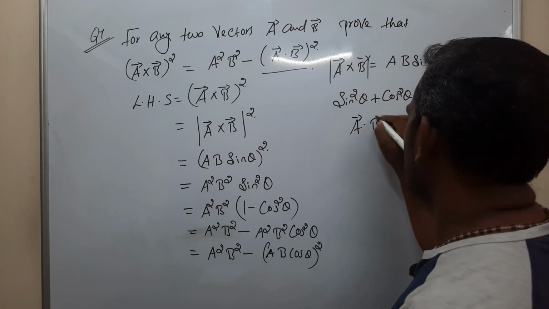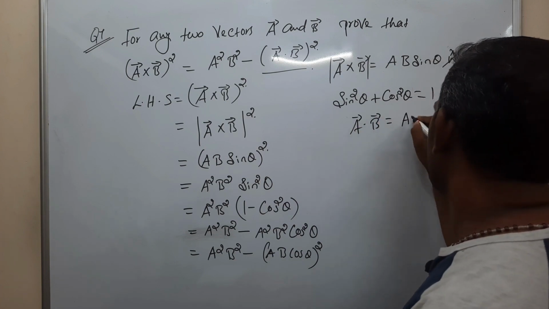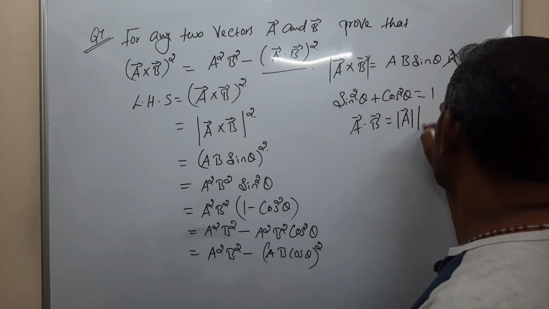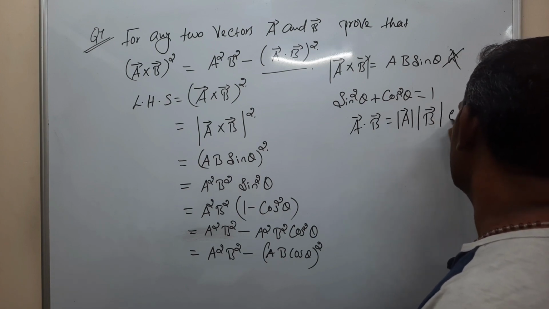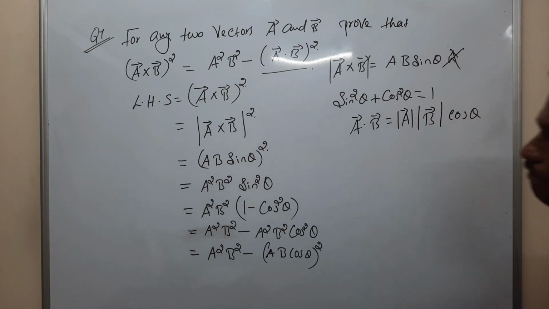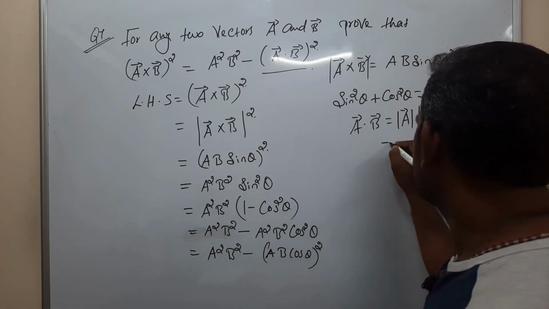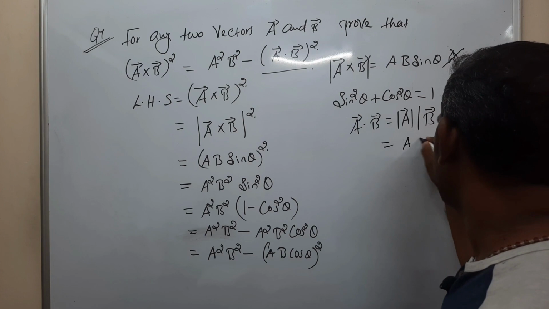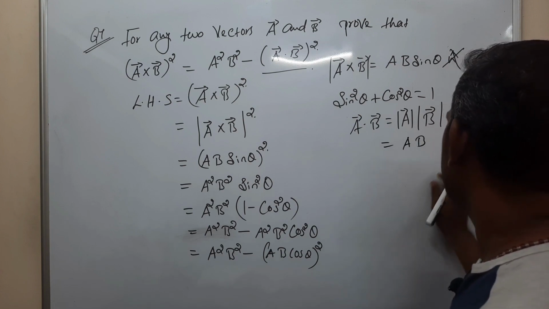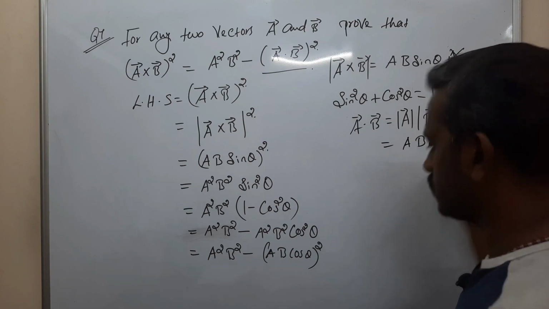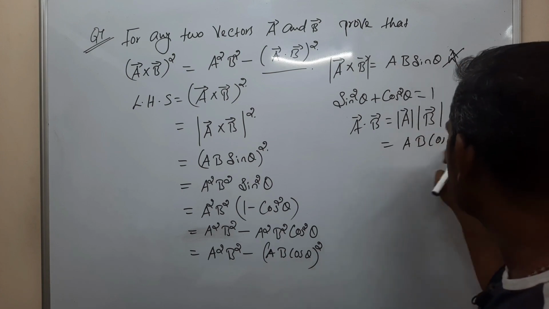A vector dot B vector is equal to modulus of A vector, modulus of B vector, cos theta. So that is equal to A times B times cos theta.